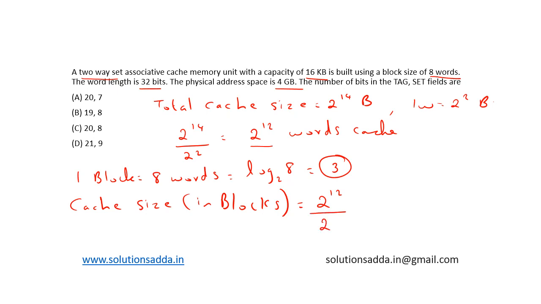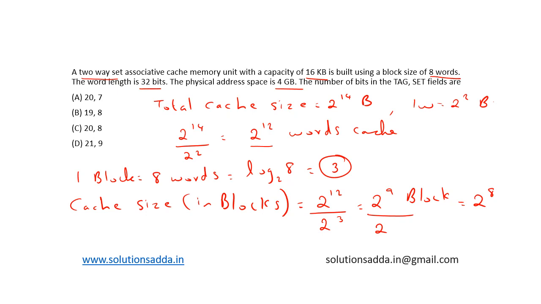So 2^12 / 2^3 is equal to 2^9 blocks in the cache. Now we have a two-way set associative cache, so we are dividing it again by 2. So we get 2^8.